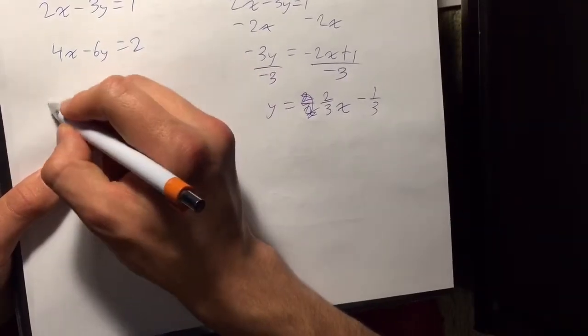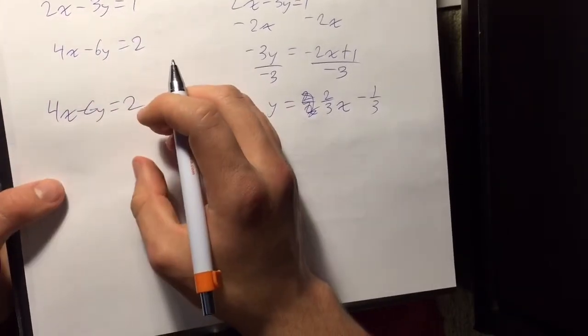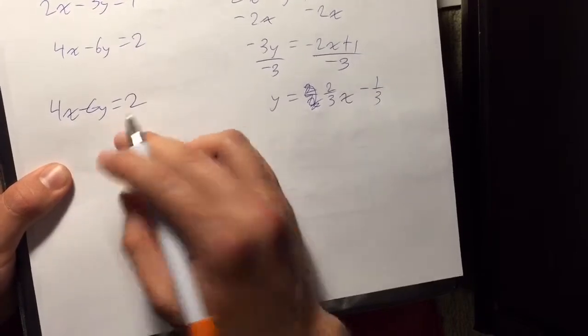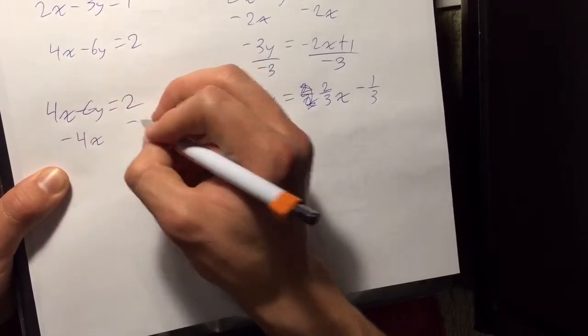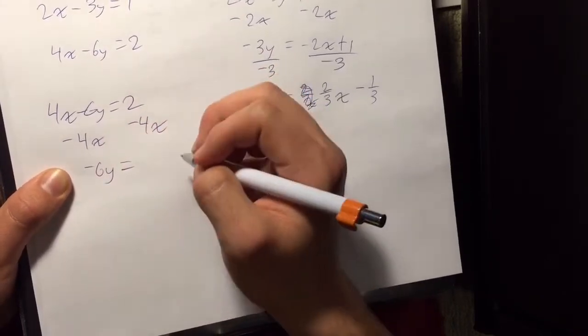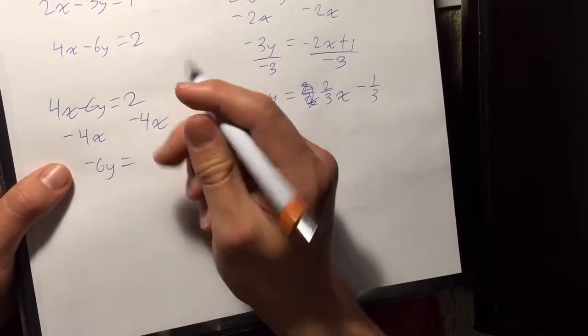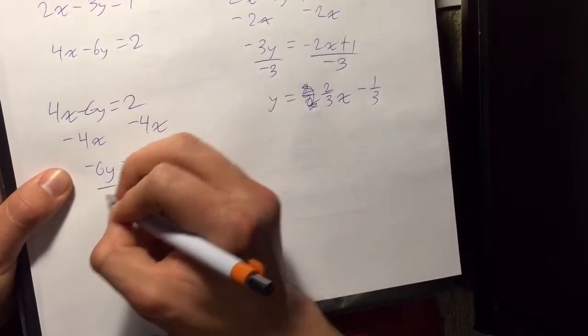And for the other equation, you have 4x minus 6y equals 2. So, again, isolate the y. Subtract 4x from both sides. You have negative 6y equals negative 4x plus 2. Divide both sides by negative 6.